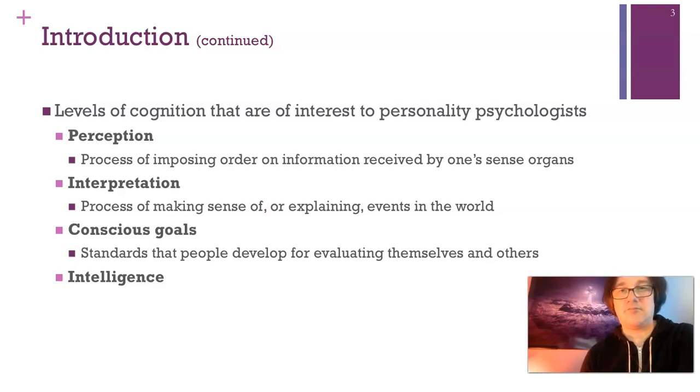So some of these goals might be age specific. Our goals might change as we get older, or as we progress through life. We're focused on accomplishing different things, and these goals might be related to culture. Certainly the culture that we are raised in is going to help shape the type of goals that we set for ourselves and for others.